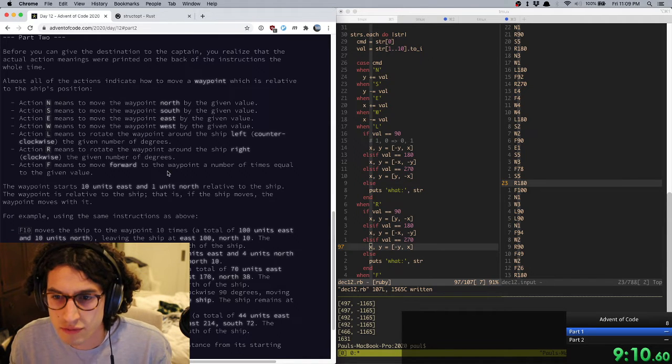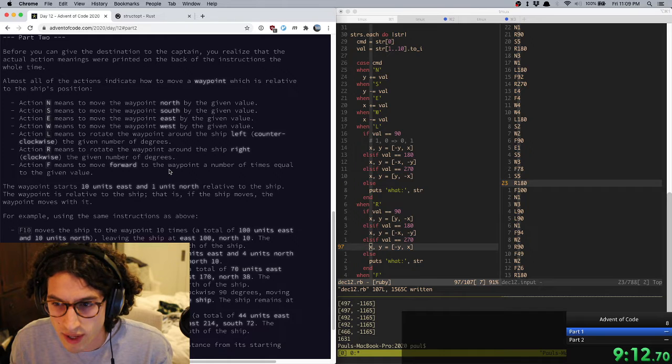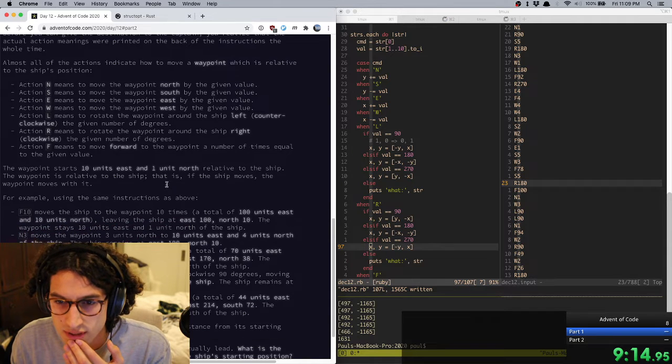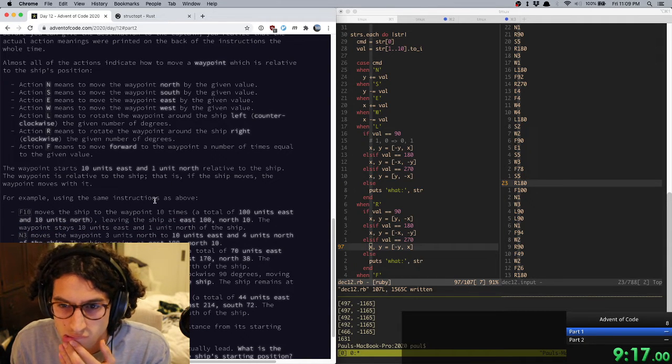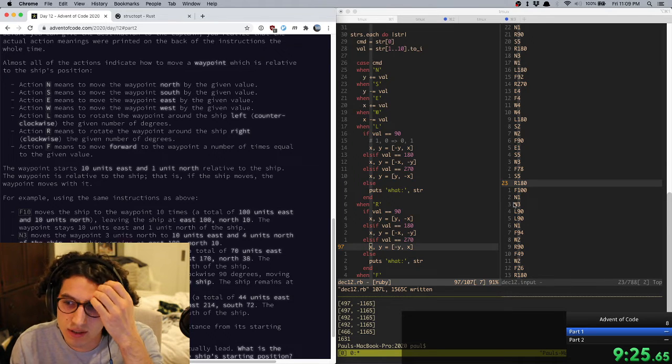Forward means move forward to the waypoint a number of times equal to the given value. Oh my goodness.